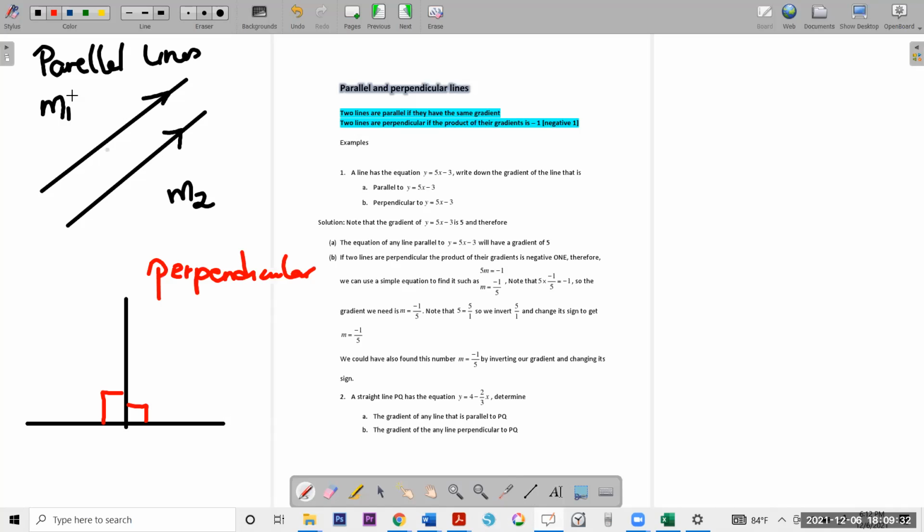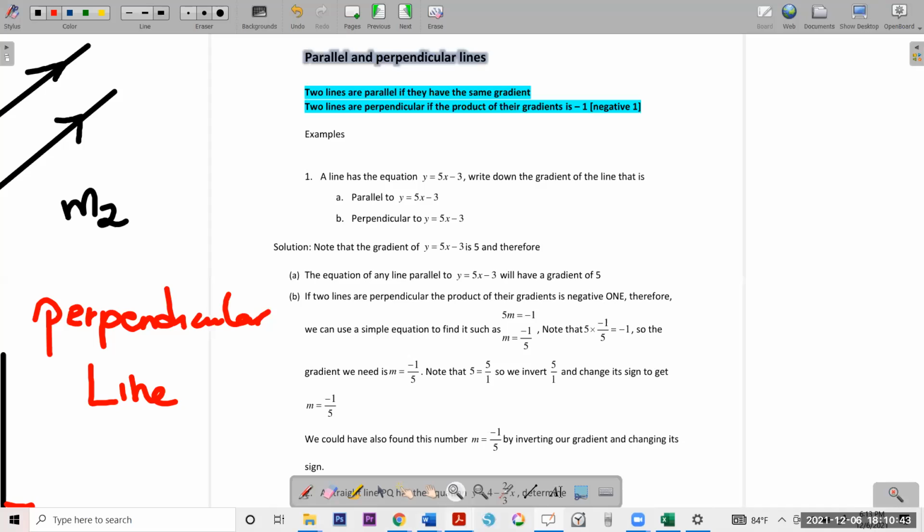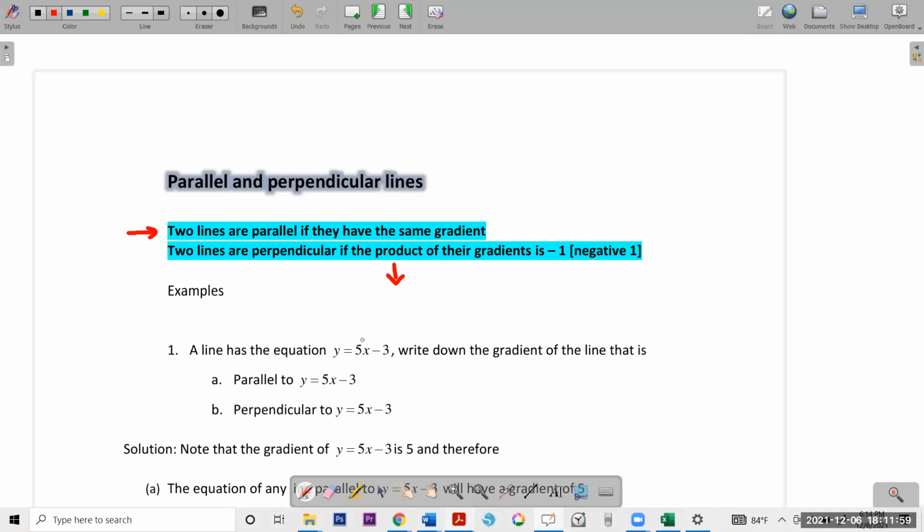Parallel lines have the same slope, like two lines with arrows. Perpendicular lines intersect at 90 degrees. Everybody with me with this one?